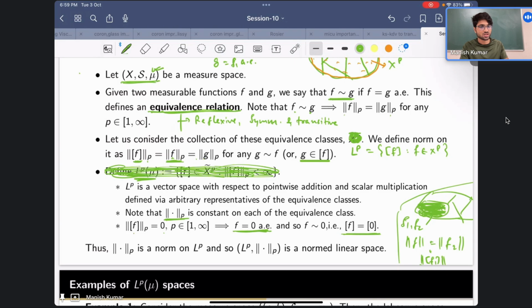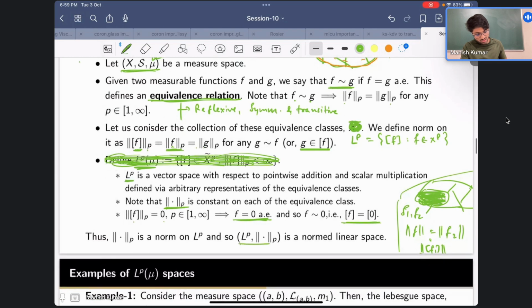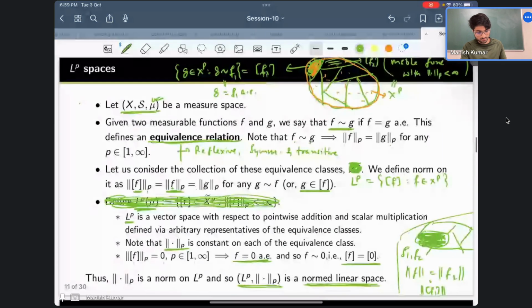On the L^p space, the functions we defined earlier, the p norm, the infinity norm, all those are norms on this L^p space. So this L^p with this norm p is a normed linear space; it is a vector space and it has a norm on it. Do you have any doubt so far?